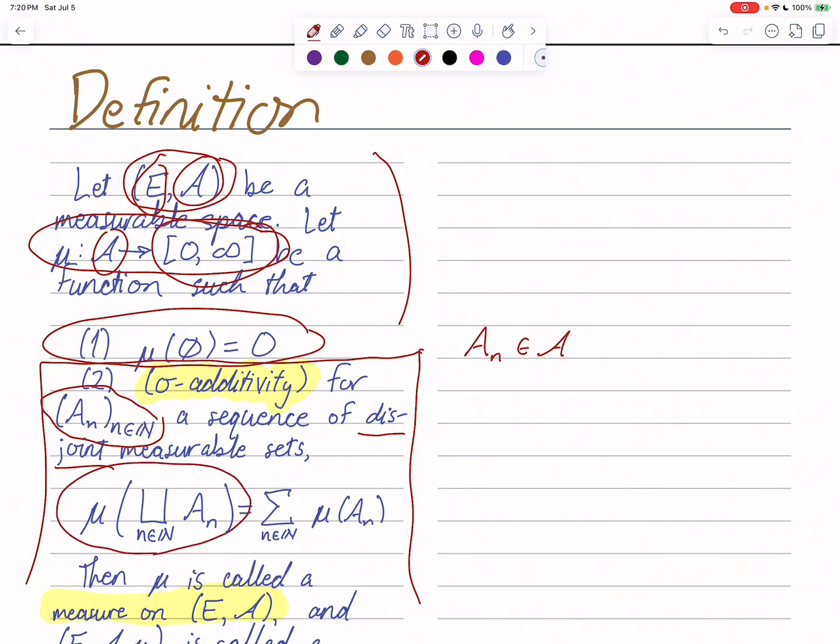And I am sure that plenty of people seeing this are wondering, why have I written a square union symbol here? Well, the square union symbol means exactly the same thing as the union symbol, in the sense that if I replace this with the regular union symbol, it would mean exactly the same thing. This thing would be exactly the same set.